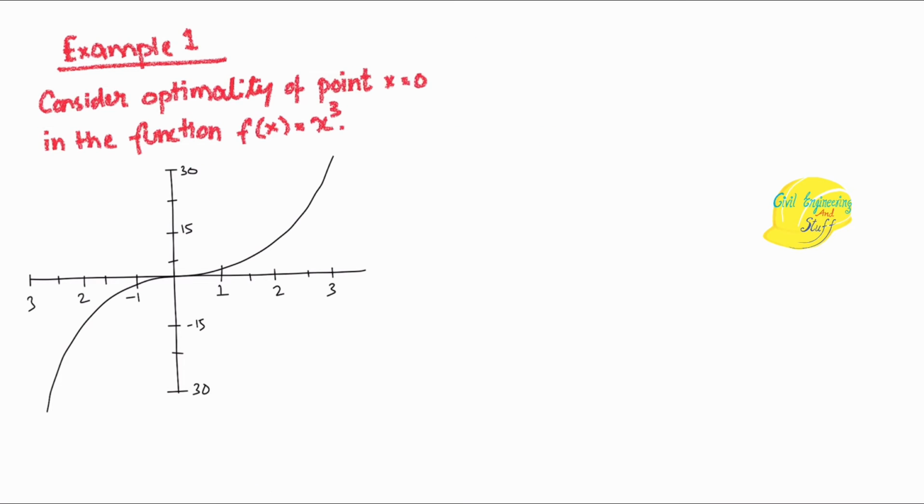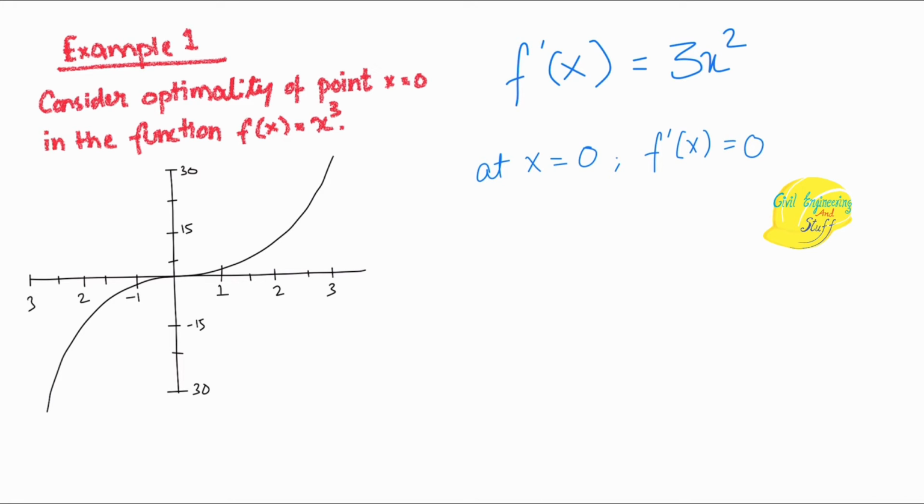Let us apply this condition. Here f dash x is equal to 3x square, and at x equal to 0, we have f dash x equal to 0. Through this we could say that we have a minimum point. But is it true?